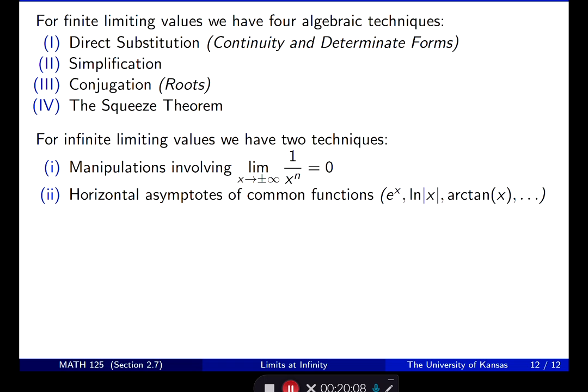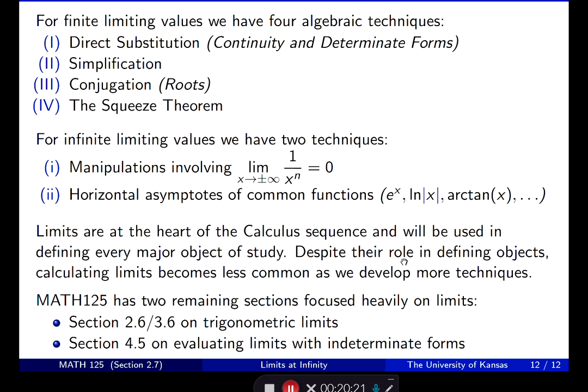So every time we had to go back to the graphs of the functions to remember how the infinities react with them. And so limit is really the heart of the calculus sequence, and it's going to be used multiple times throughout this course and follow-up courses in calculus.